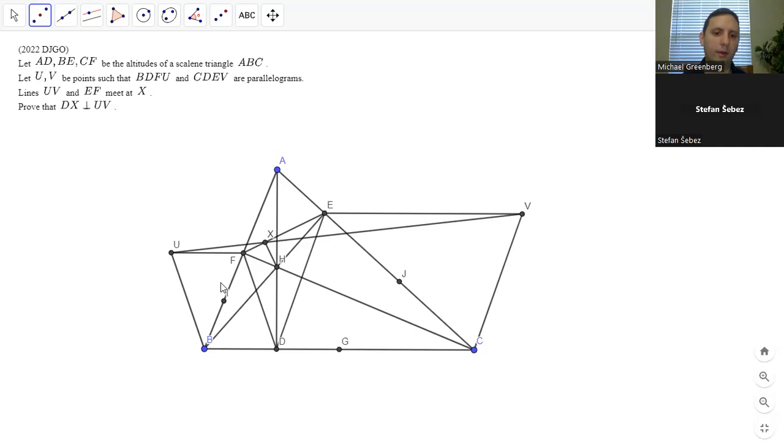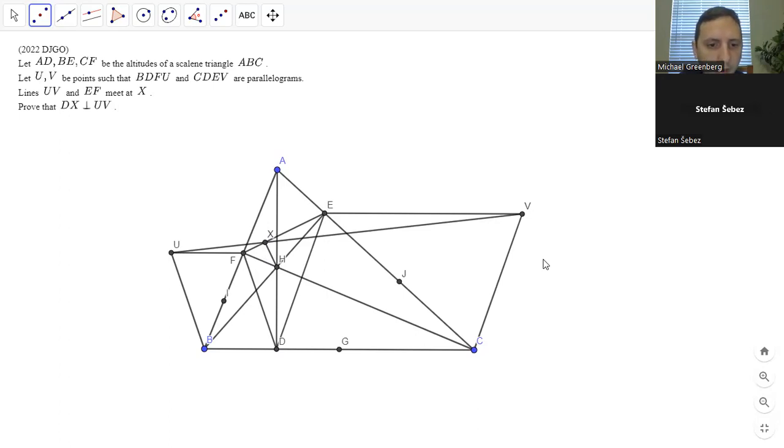Interesting. Because if we know that those are perpendicular, you want to show that angle DXH is UXF, and you could do that by trying to show those are similar.